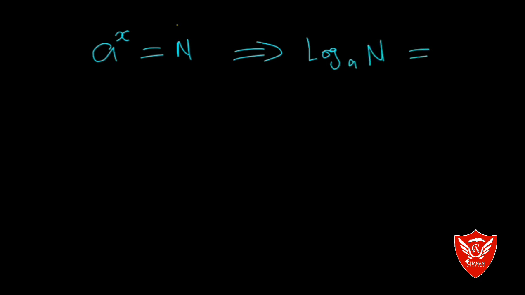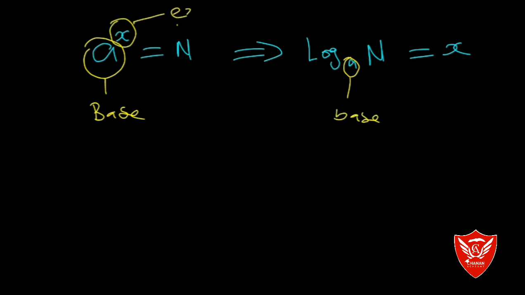Alright? Generally, we can say if a to the power of x is equal to n, then the log of n base a is equal to x. Don't forget, this is the base. Also, this is the base. Now, this is the exponent, which is the same thing as power. And then this is the exponent.